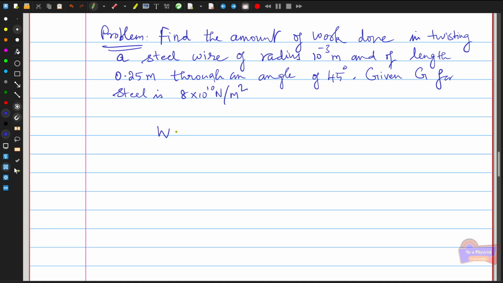So we already know that the work done W is equal to half c theta squared, and we know the value of C, which we already derived: the couple per unit twist, the torsion per unit twist, equal to pi G a power 4 divided by 2 times L. So this is the C value.